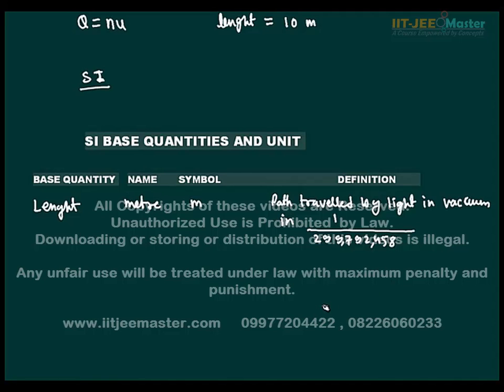This is the new definition after 1983. This is given on the basis of the speed of light in vacuum, which is 299,792,458 meter per second. In 1 by 299,792,458 second, light will travel 1 meter.